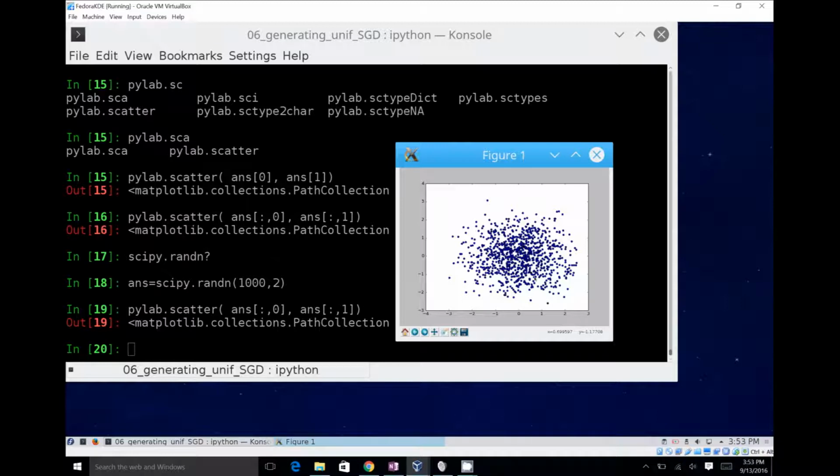So how about this? Each of these things, the only thing that's different about them is how far away they are from 0. And this Gaussian is perfectly symmetric around 0, 0. So I could take these points, think of them as vectors, and normalize them so that they become unit vectors.